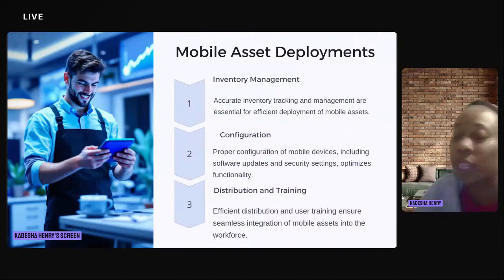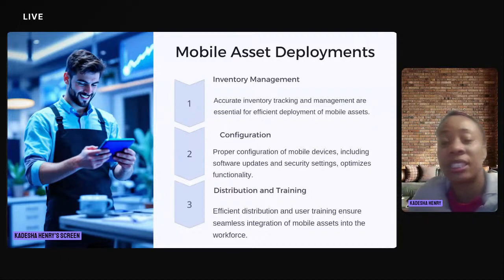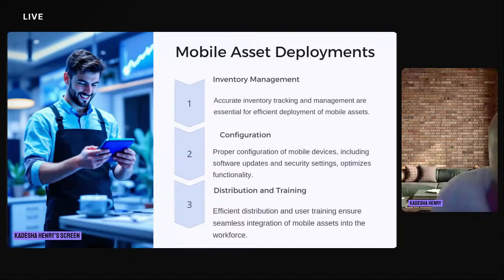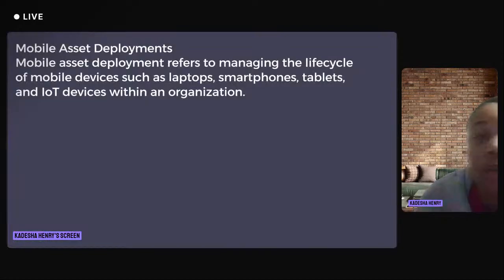Because if you have them at hand, you've got to train somebody. How am I going to know how to use it if somebody is not trained, if the configuration is not right? How are you going to do it if you don't do an inventory to know that you have enough to deploy, right? So you have to make sure that you have all of these at hand.